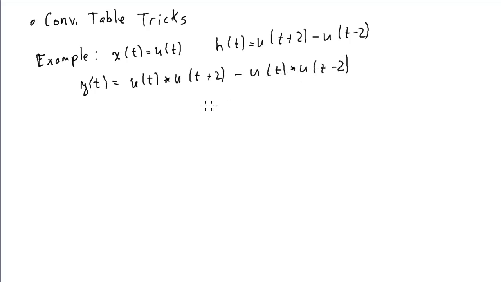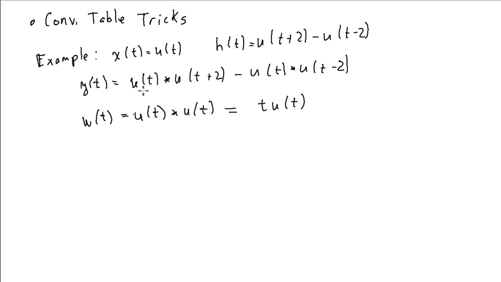Neither one of these is directly in my table, but what is in my table is u of t convolved with u of t. Let me call that w of t, and from the convolution table I see that that's equal to t u of t.